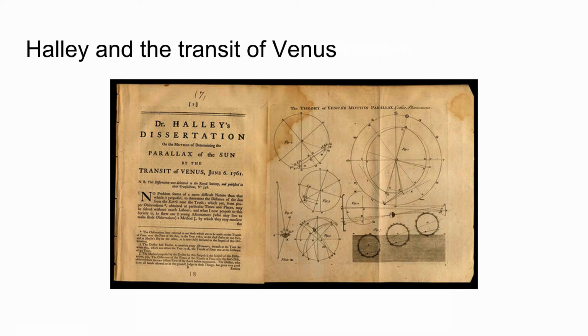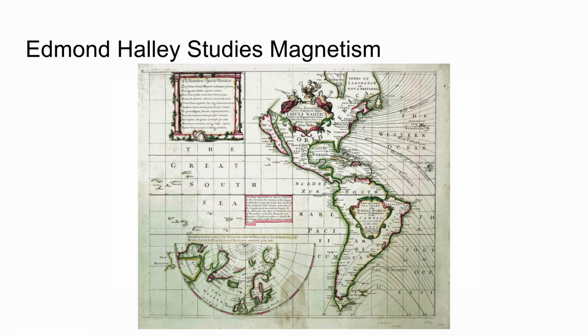The way he did that was through studying the parallax of the sun as Venus passed in front of it. There's a diagram here from his study on this, Dr. Halley's dissertation on the parallax of the sun by the transit of Venus, June 6, 1761. This started to establish Halley as one of the premier scientists of his time.